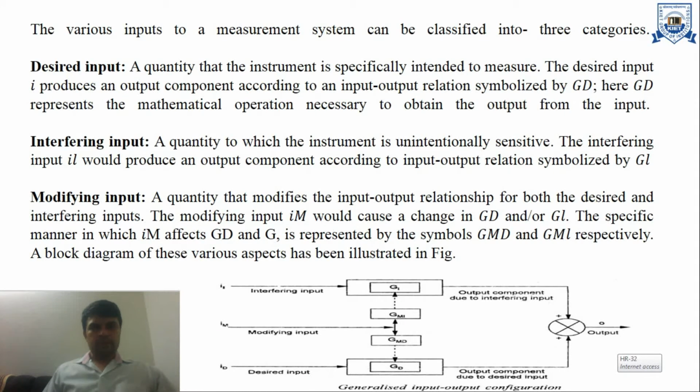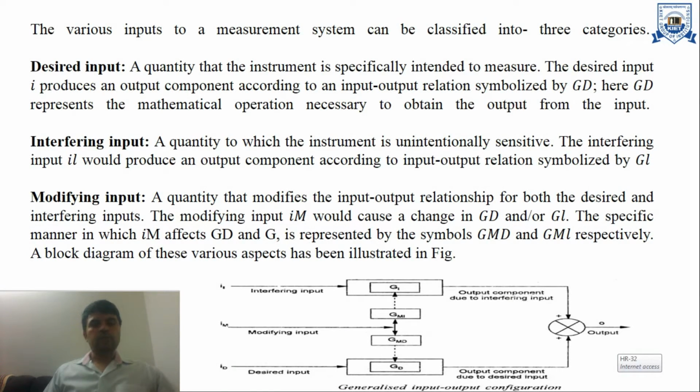The interfering input is denoted by IL, and would produce an output component according to the input-output relationship symbolized by GL. Here is my GL. Then we have modifying input, a quantity that modifies the input-output relationship for both the desired and interfering input.